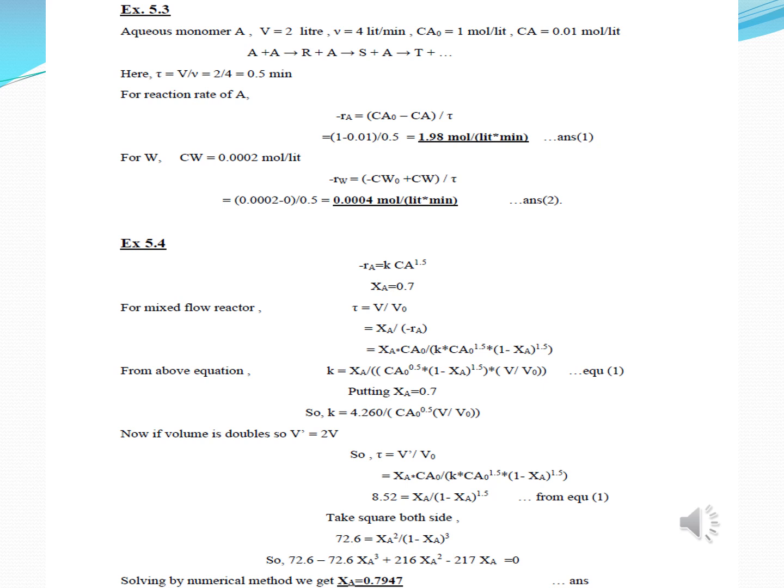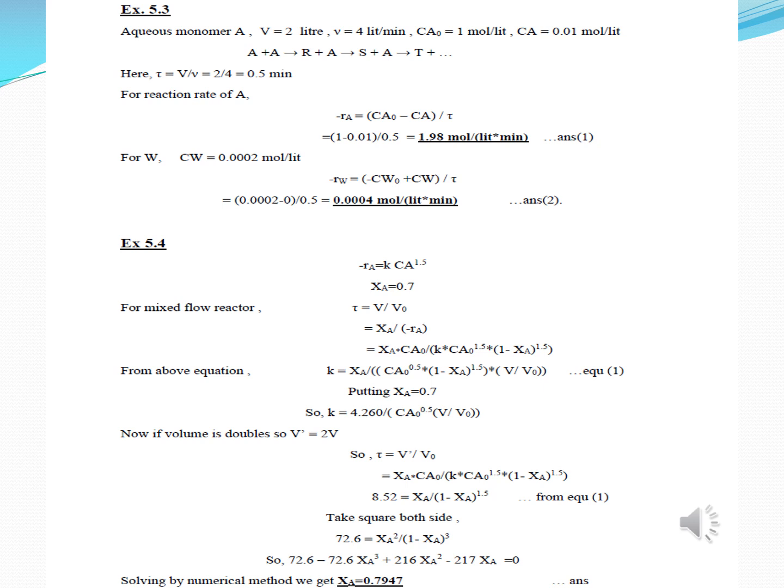If we put the values of minus Ra as given and write it in conversion form and expand the expression, we get Xa multiplied by Ca naught divided by k multiplied by Ca naught to the power 1.5 multiplied by 1 minus Xa to the power 1.5.